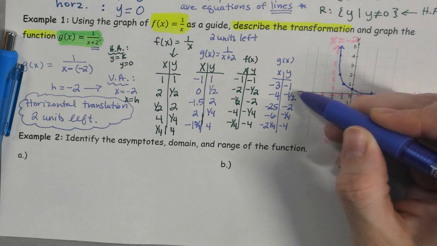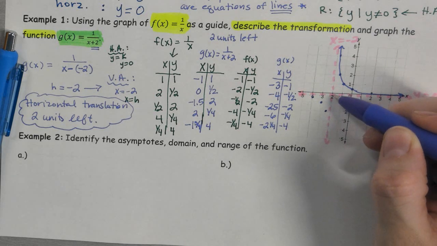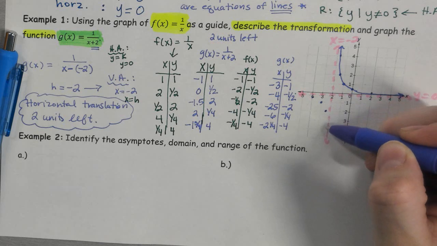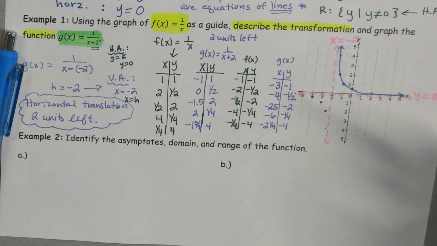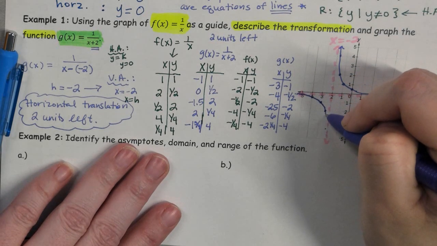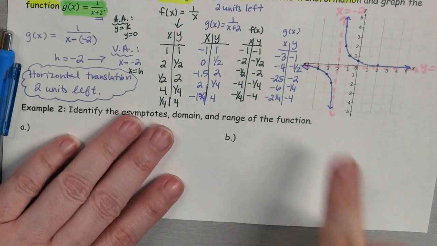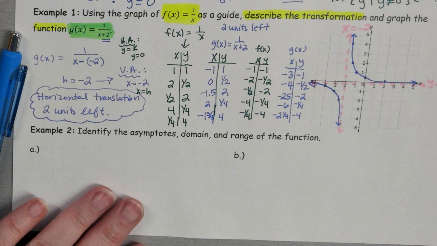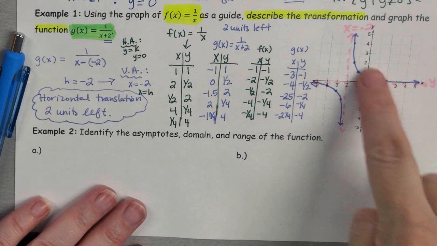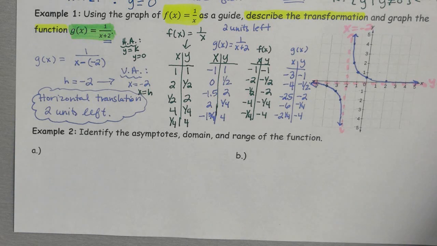This one is right there. Connect those with a curve. So again, you do not want that to cross the lines. So this is going to follow here, this is going to follow here. Okay?